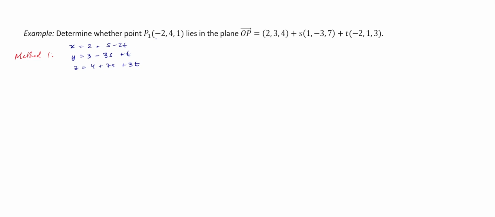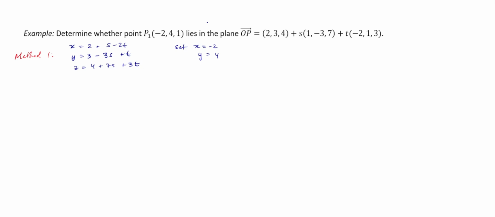So I can sub in the values of -2 and 4 for x and y, get my s and t values, and see if using those s and t values will generate 1 for z. If it does, then the point is on the plane, and if it doesn't, the point is not on the plane. So here I set x equal to -2 and y equal to 4.